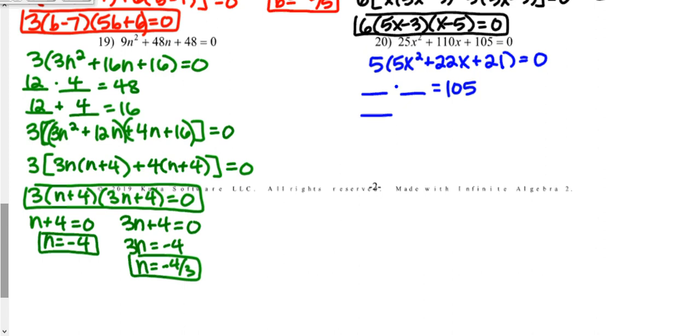And then numbers that multiply to 105 and add to 22. So 15 and 7.